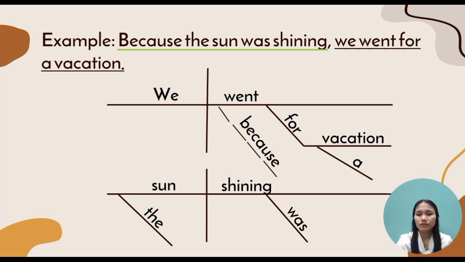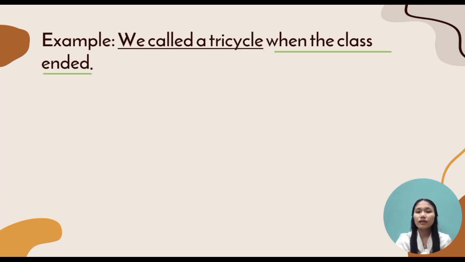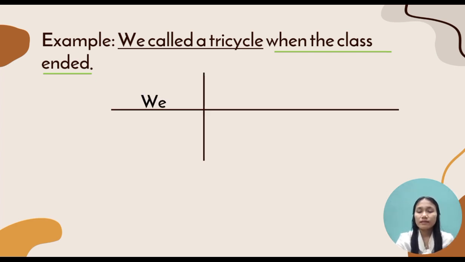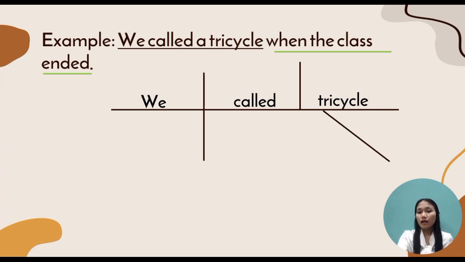So next, "We called the tricycle when the class ended." We is the subject, called is our verb, and tricycle is our direct object. Again, the word a should be written in our diagram using a slanting line below our direct object.